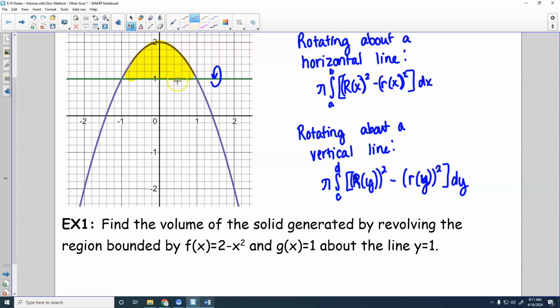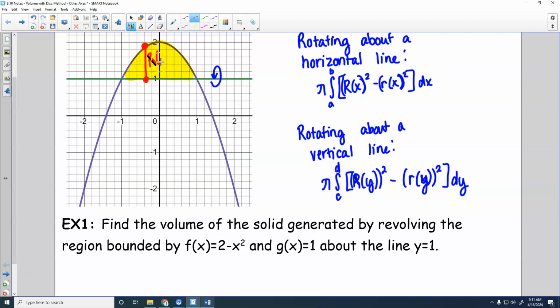So our capital R of x is whatever's furthest away from the line that we're rotating around, and we really want to go with that idea rather than top minus bottom, because sometimes it's not top minus bottom, depending on what line you're rotating around. For the x-axis, you can pretty much always do that, but for this, you're going from the line you're rotating around to the equation that's furthest away.